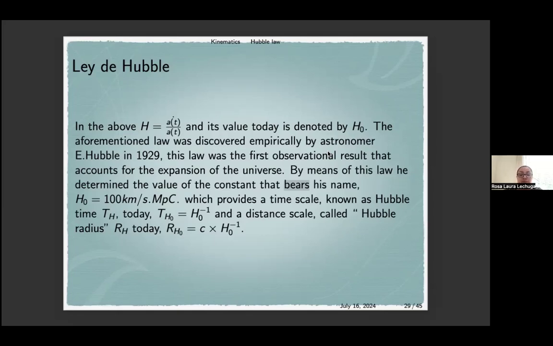To get a measure of the expansion, we can use this quantity, which is given in terms of the scale factor. Yesterday we studied this quantity. It gives us the size of the slide in which we are, okay?